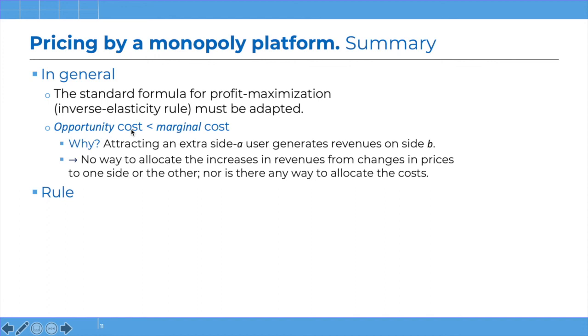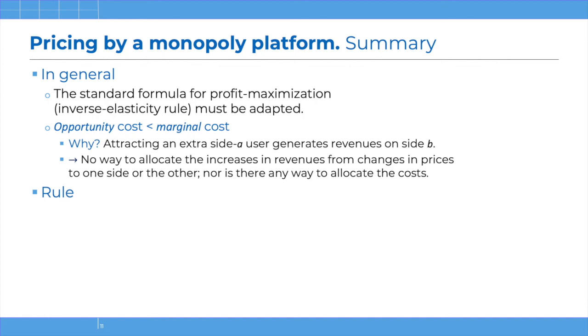Why? Because if I am the platform and I attract an extra seller, I know that it will allow me to raise revenues on the buyer side. So the true cost of attracting a seller must incorporate this extra revenue I make on the other side. Imagine that I had to pay 10 in advertising to attract this extra seller, and I can earn 3 in extra revenues on the buyer side.